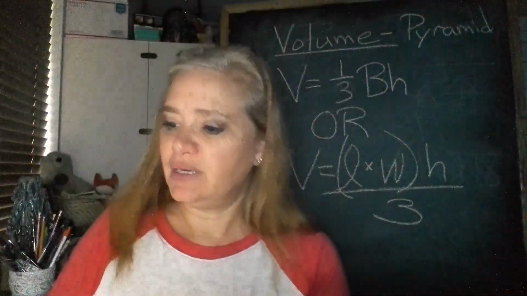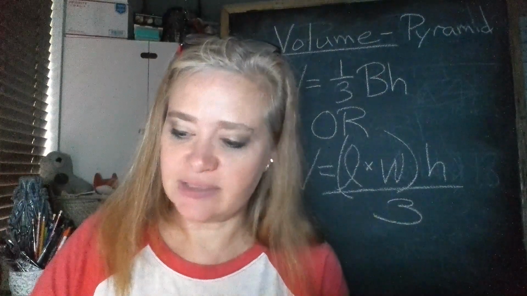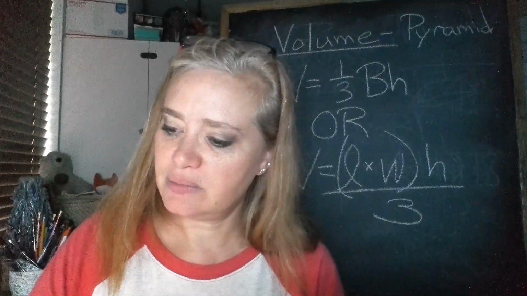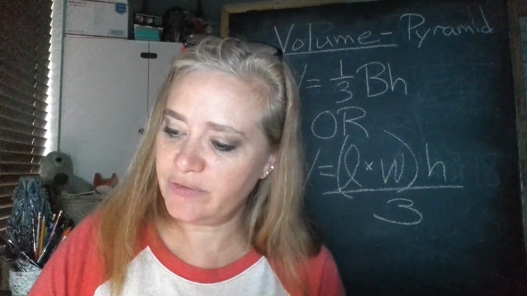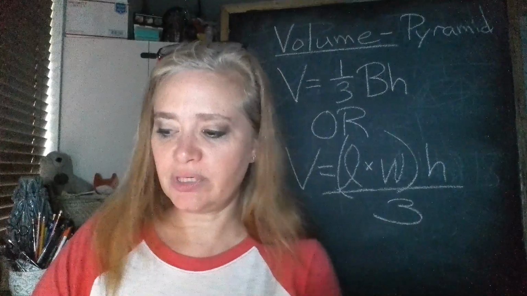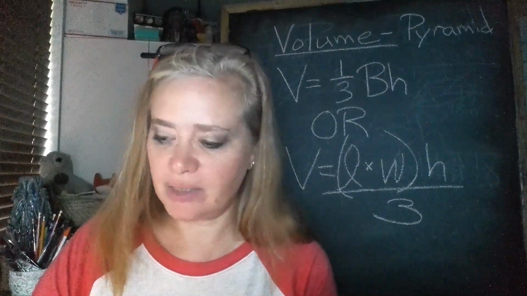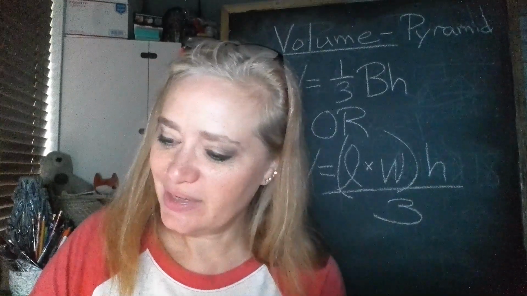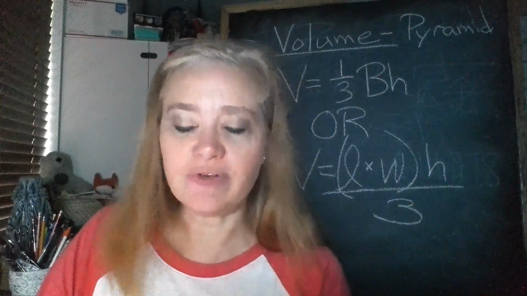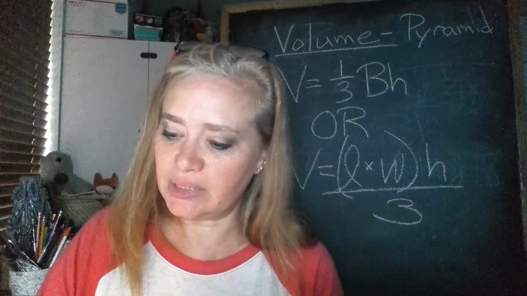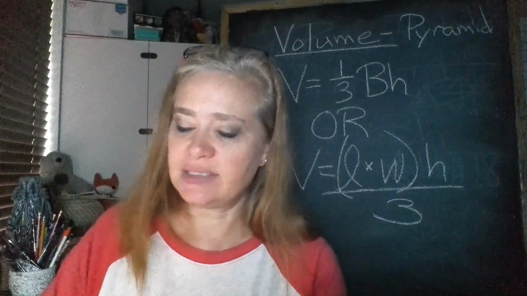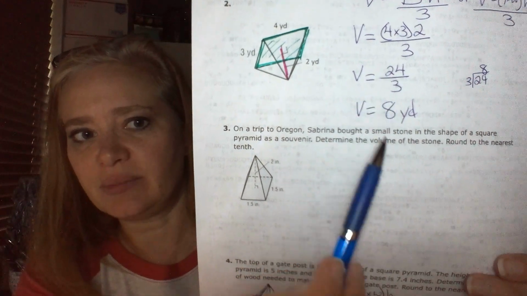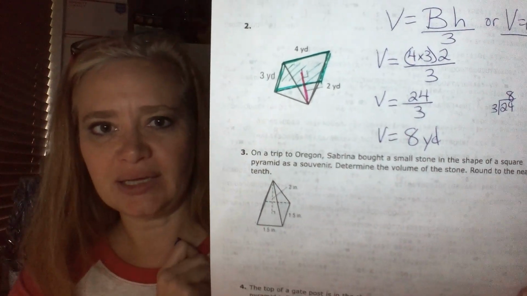Then I've got to do the mathy stuff. So I take my math and I say, okay, 24 divided by 3. Well, I know 3 times what makes 24? Yep. 3 times 8. So the volume of my square pyramid is 8 yards, because 24 divided by 3 gave me 8 yards.